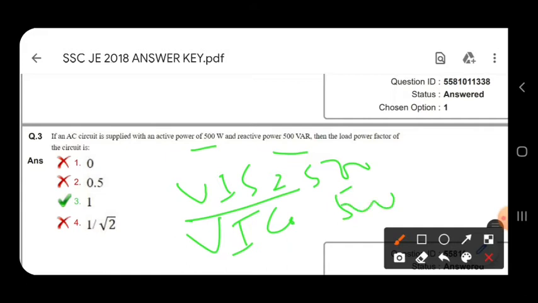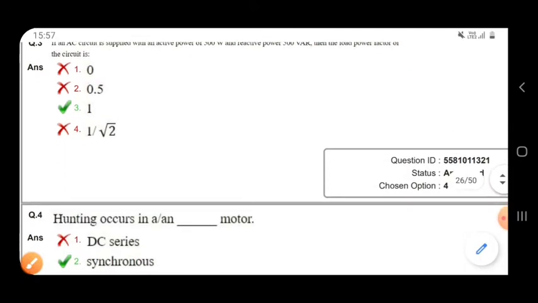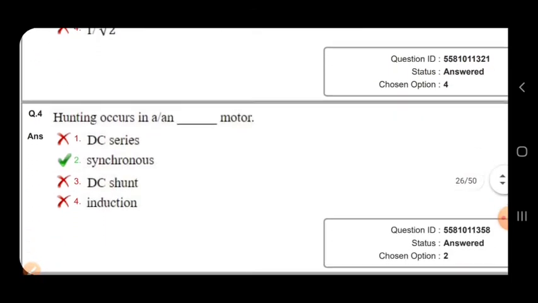So 500 upon 500 equals 1, and sin phi divided by cos phi gives tan phi. So tan phi equals 1 and phi equals tan inverse 1, which is 45. That means phi equals 45. So put the value cos 45, this equals 1 upon root 2. But in SSC the answer is given as 1, which is incorrect.